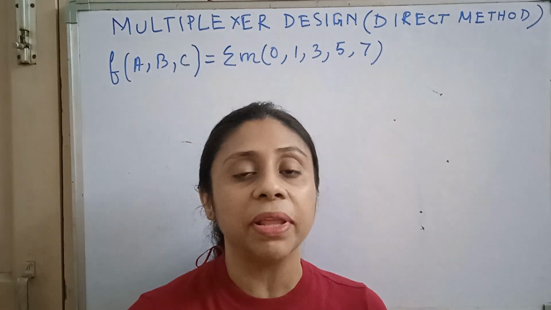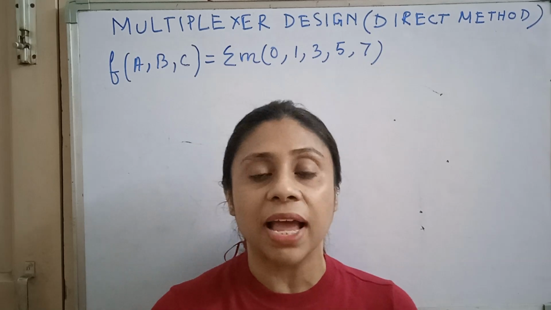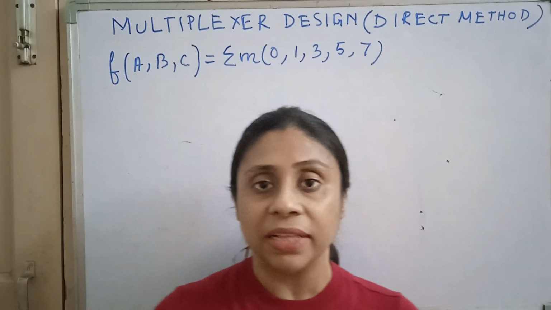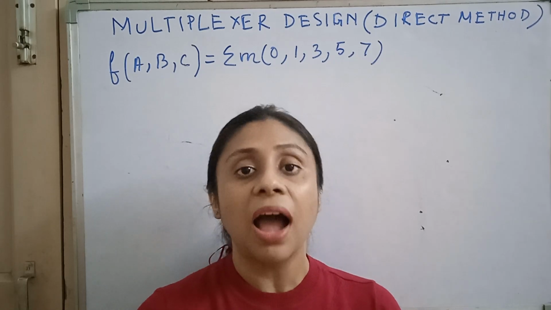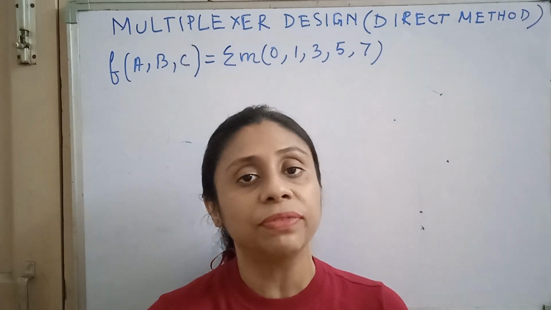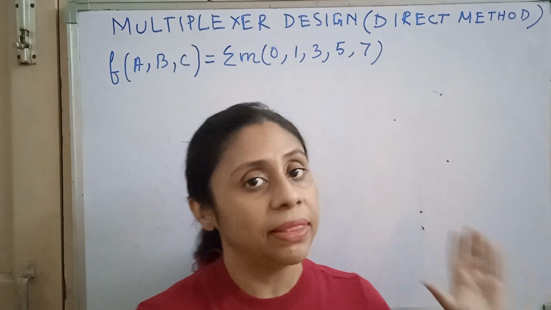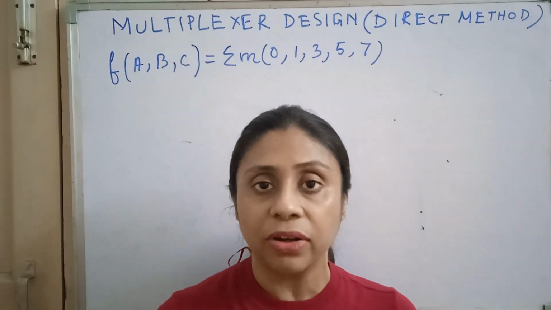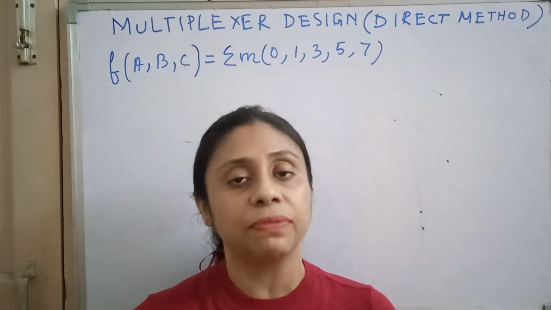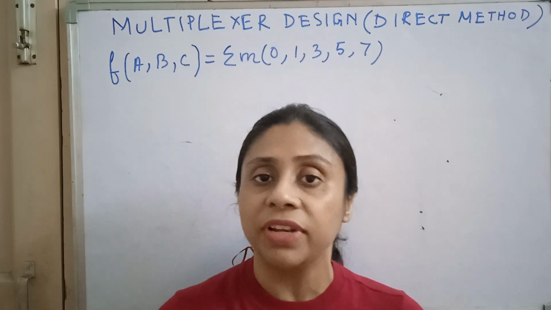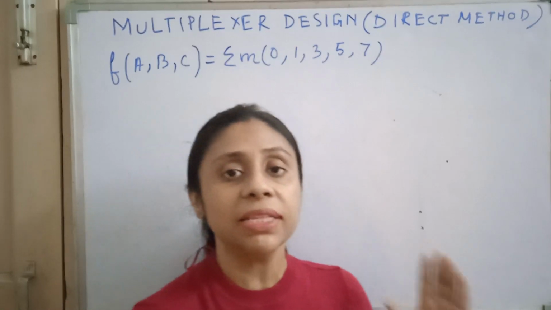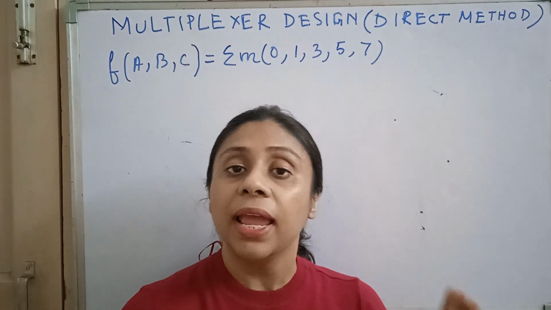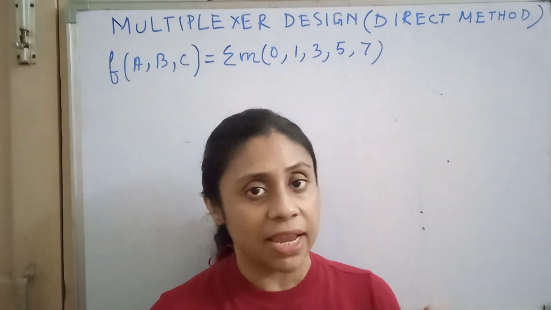Size of the multiplexer is just half. In this class we will cover the direct method of designing. In the next class we will cover the indirect method of designing. So now let us see how to implement this expression by using the direct method of multiplexer designing.